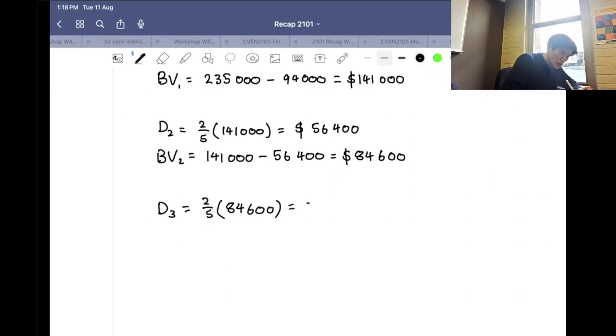It should give you 33,840, and then the book value at the end of year three would be 84,600 minus the depreciation of year three, which gives you $50,760.